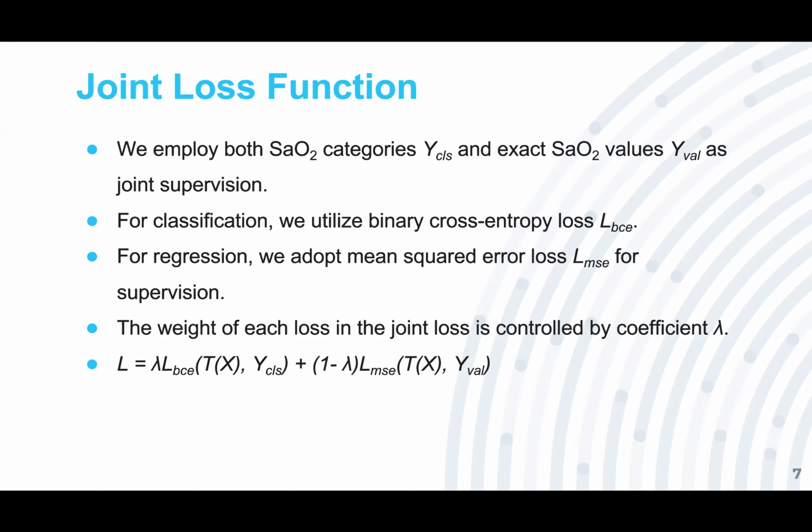For regression, we adopt mean squared error loss for supervision. The weight of each loss in the joint loss is controlled by coefficient lambda. Assuming the model is denoted as f and the input image as x, the joint loss L can be expressed as follows.